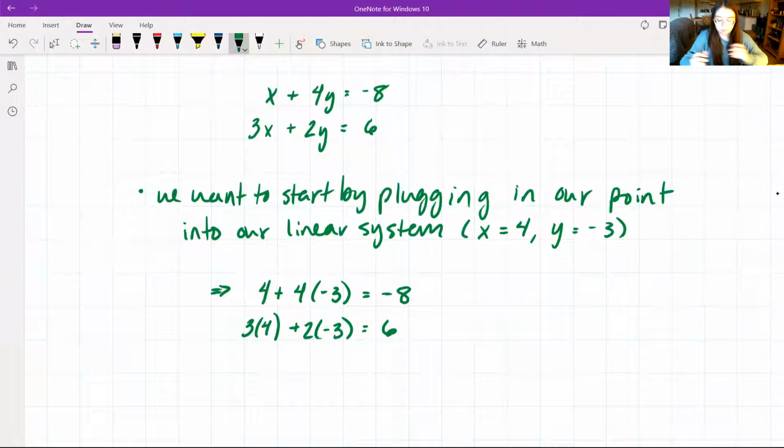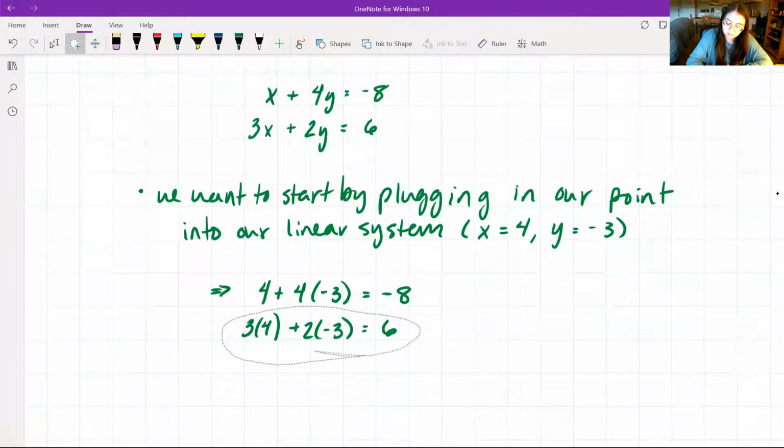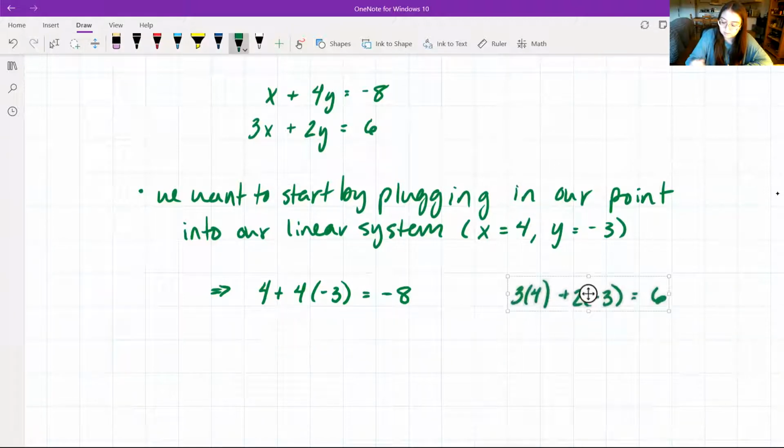So we can separate our two linear equations in this case. We know that they're stacked vertically, but if we want to solve them, we can write them side by side and just make sure that they're correct. So we can move our lower equation to the side as well. So we write a little and sign. And now we just want to make sure that these statements are correct.